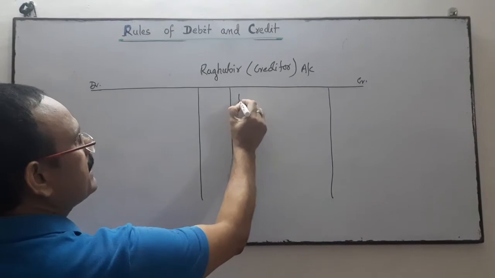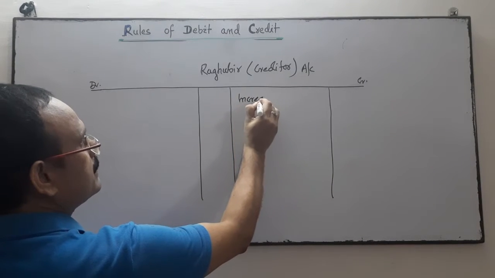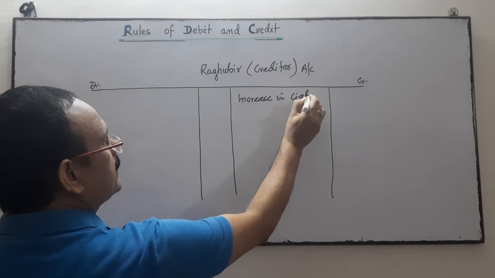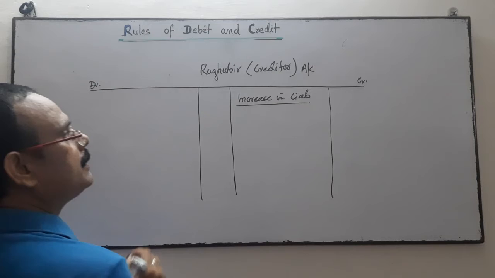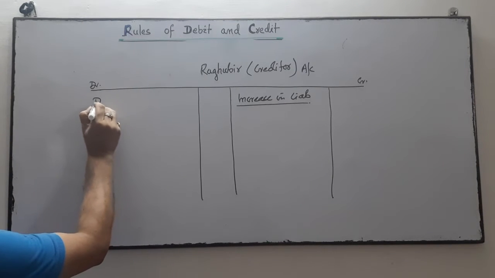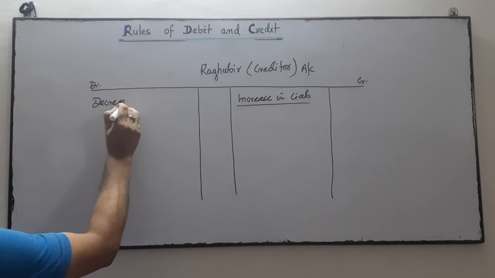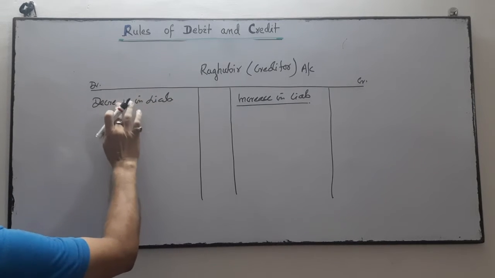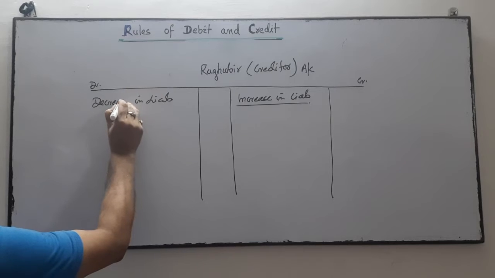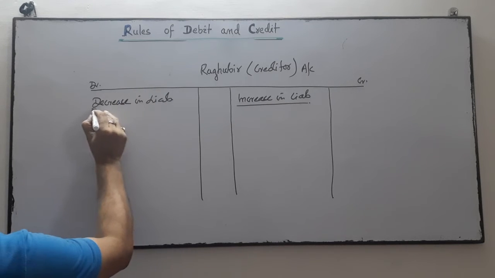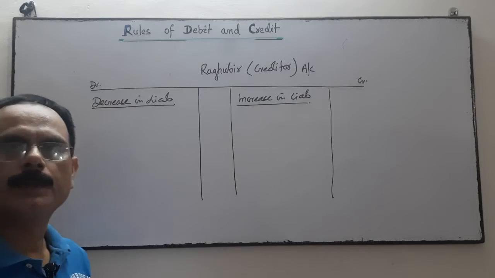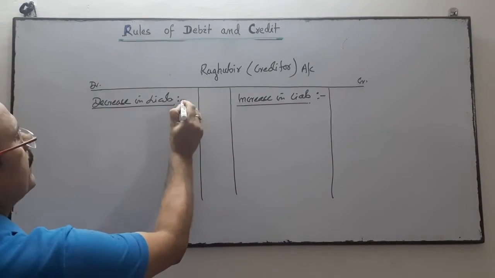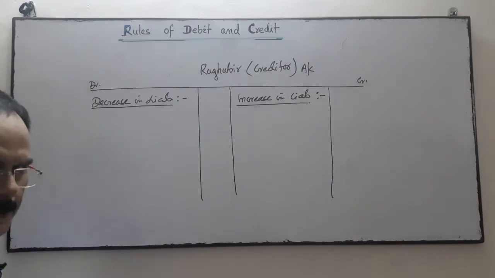So increase in liability, we write this side, you know it, and decrease in liability, we write this side. Increase in liability in credit side and decrease in liability in the debit side.